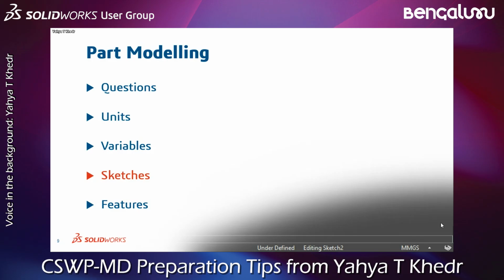I don't think we actually covered over definition in the CSWA preparation session, but if you've ever had an overdefined sketch before, that's when you give the software more information than it actually requires. So if you give it more information than it needs, it will tell you that it's over-defined. If you give it less definition than it needs, that's under-defined. And if you give it just the right amount of definition, that's fully defined.